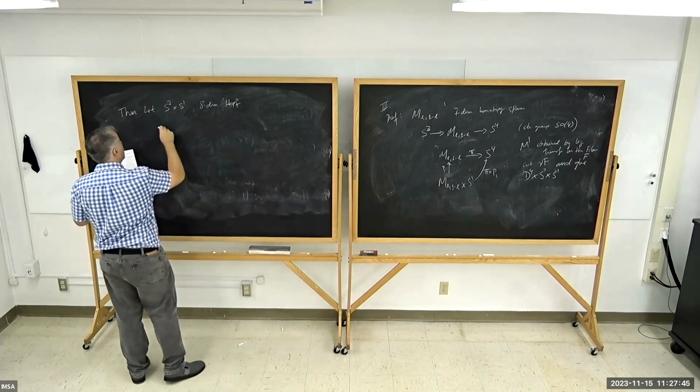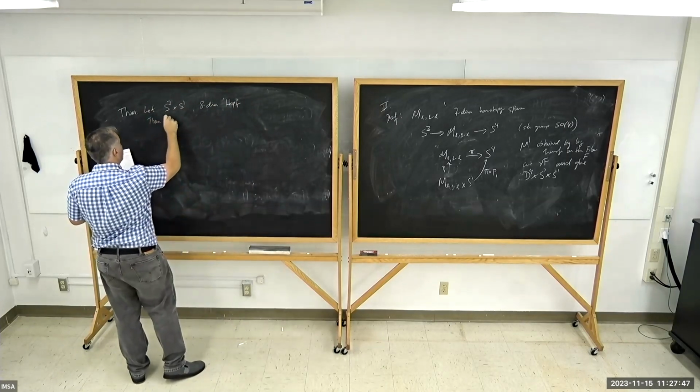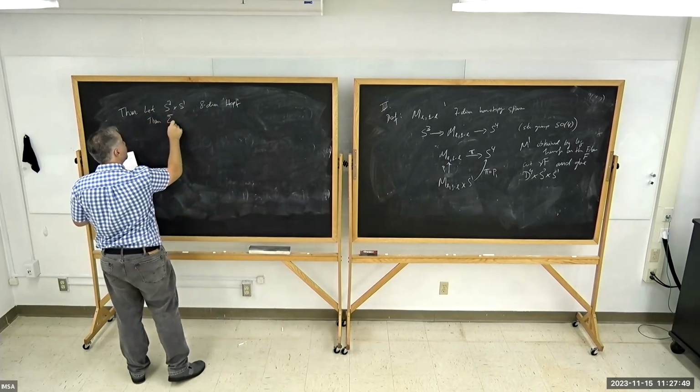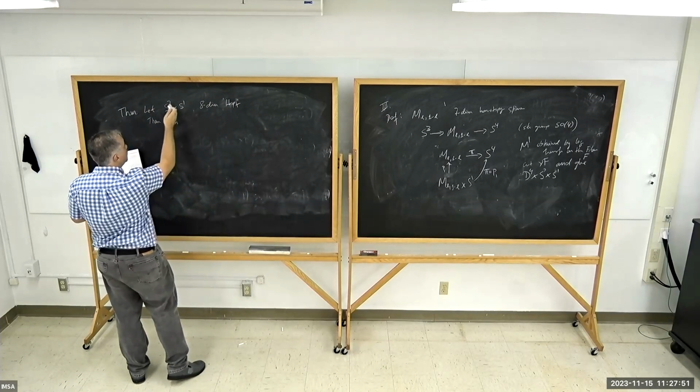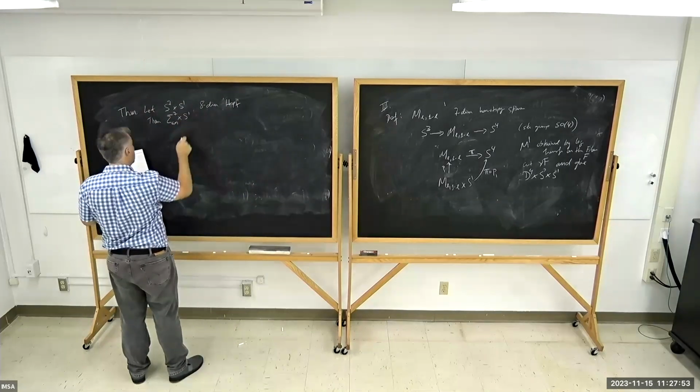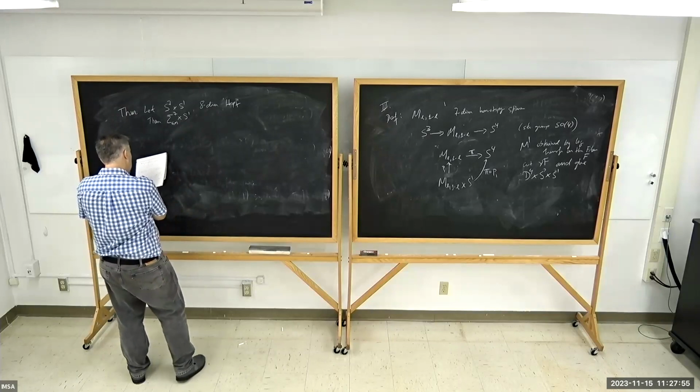Then this sigma 7 is a sphere of Gromoll-Meyer.